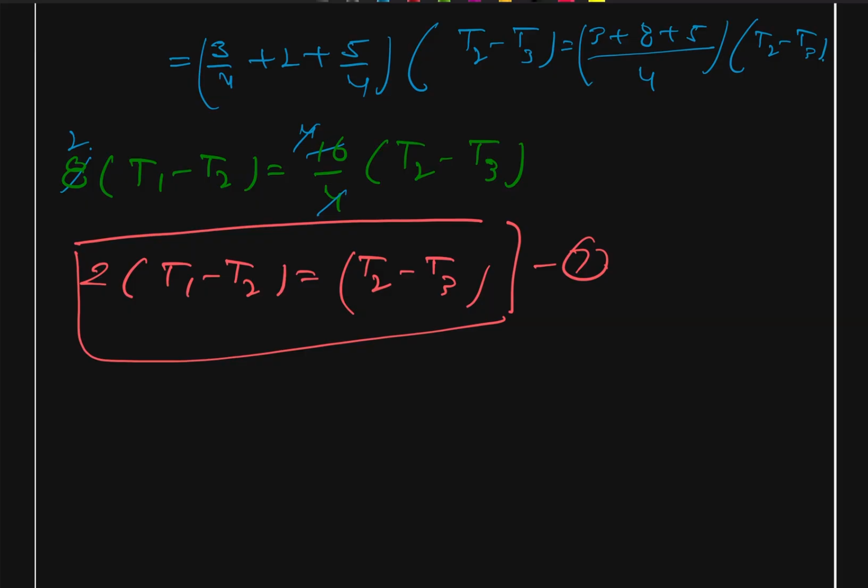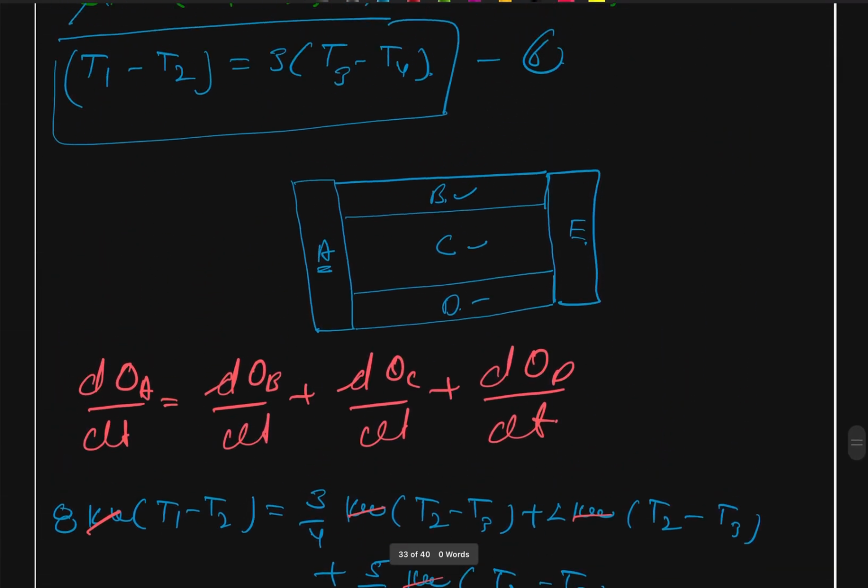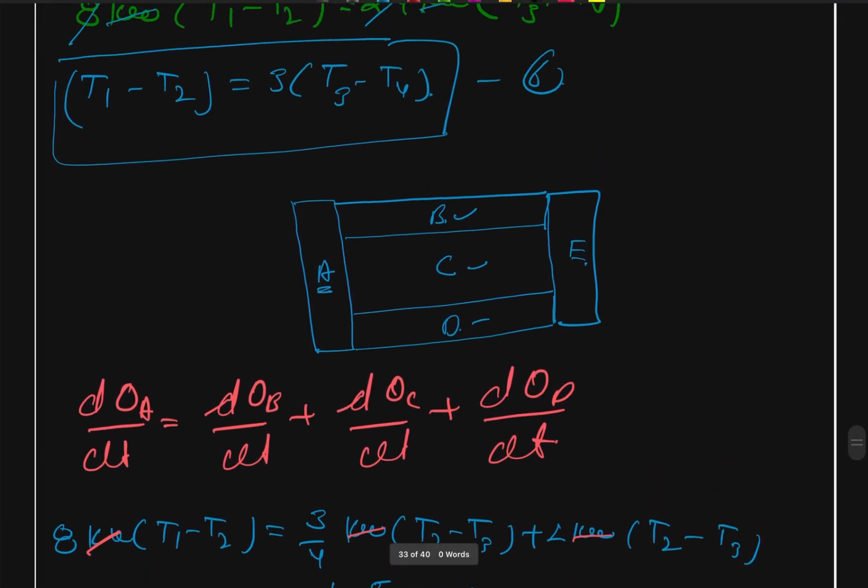So equation number 6 is our T1 minus T2 equal to 3 times T3 minus T4.